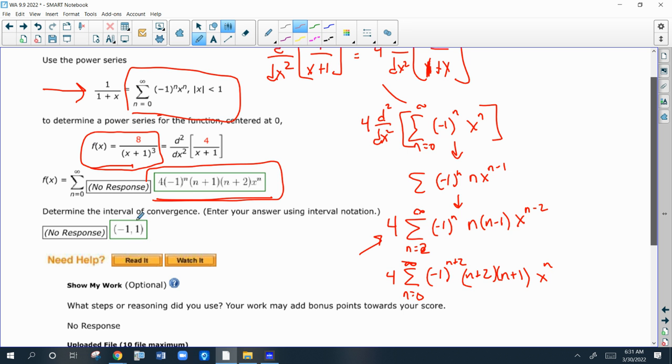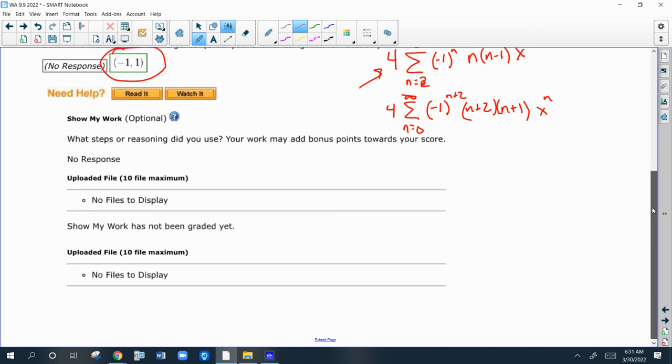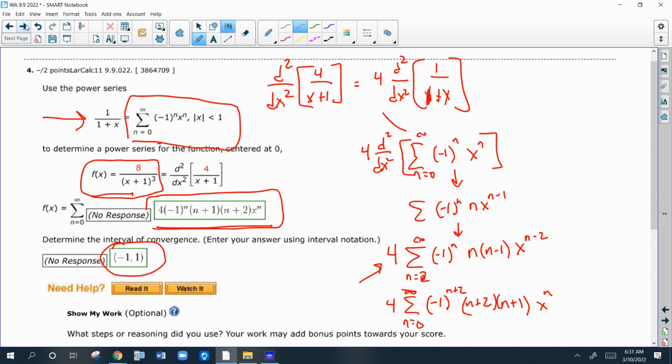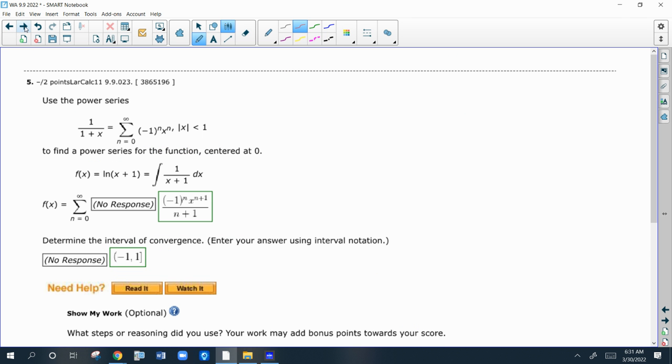So you still don't include those endpoints. That's what the interval of convergence of this would be. Think about that as well. Sometimes you kind of have to absorb all this information, and it takes some time.